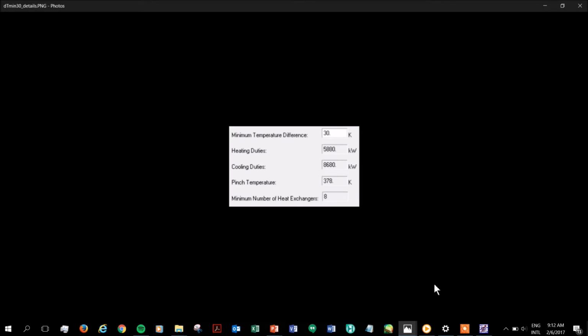As for a minimum temperature difference of 30, we obtained heating duties of 5880 kilowatts and cooling duties of 8680 kilowatts. And lastly, for a minimum temperature difference of 40, we obtained heating duties of 6680 kilowatts and 9480 kilowatts for cooling duties.